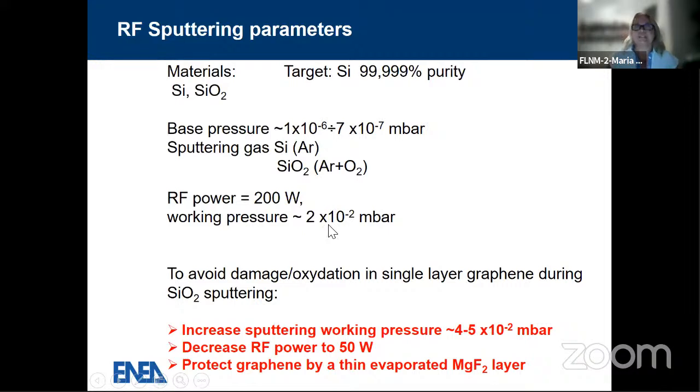Nevertheless, in our first experiment, we observed damage in our graphene layers, and we could avoid graphene layers damage by increasing the sputtering pressure up to 5×10⁻² millibar, decreasing the radio frequency power to 50 watts, and further protecting graphene by a thin magnesium fluoride layer grown by thermal evaporation.